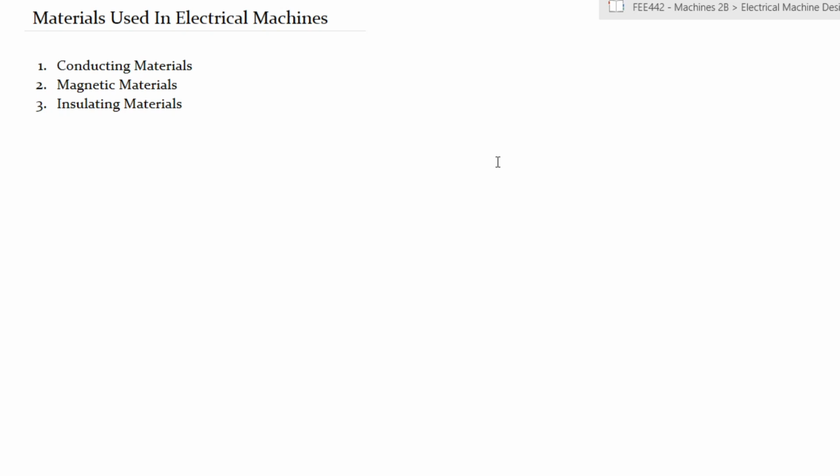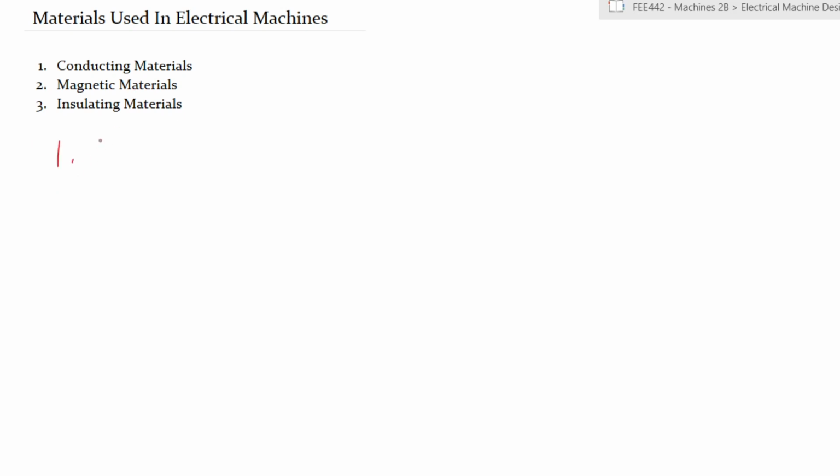All other aspects of machines are incorporated within each of these materials, and they are the ones which will be used in order to construct the machine. So any mechanical properties, electrical properties, strength and so on, magnetic properties are included within the materials as indicated here.